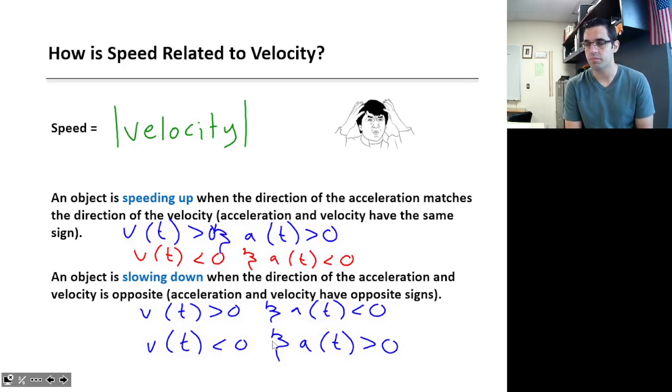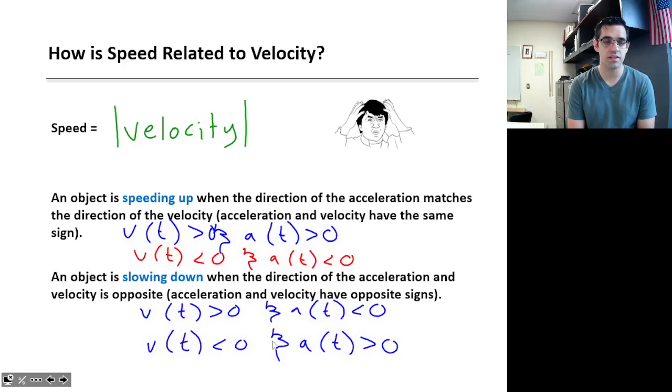Well, close, but no, it's not. So speed, like in your car, is only ever a positive value, whereas a velocity can be positive or negative depending on which direction it's going in. So to relate speed and velocity, we would say that speed is the absolute value of velocity. So that's how they relate.